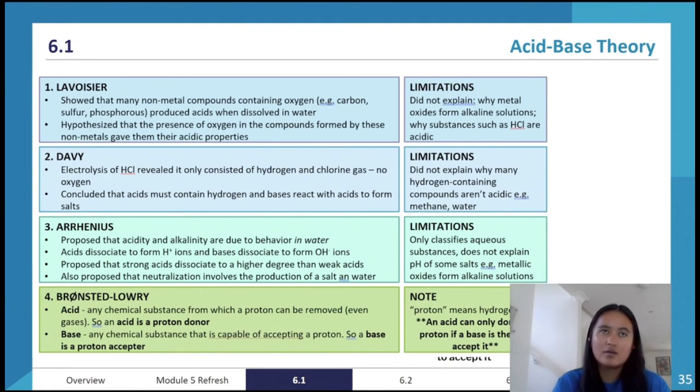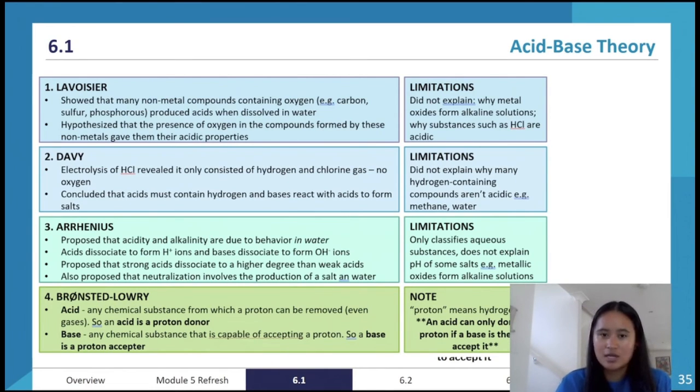We've had an extension of this theory to do with electrons, but we don't really care about that as much as Brønsted-Lowry, because Brønsted-Lowry is what is in the syllabus. So an acid is a proton donor. By proton, we mean a hydrogen, so a H+ is a proton. An acid is a proton donor. It donates a proton.